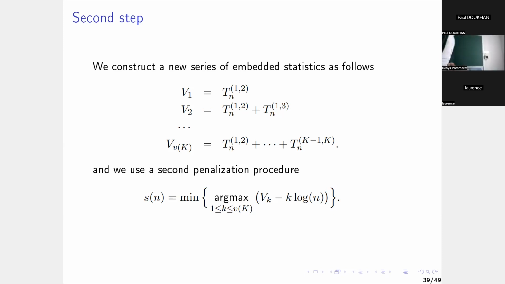So, okay, this is an example. You have 4 processes: 1, 2, 3, 4. You have T1,2, T1,3, T1,4, T2,3, T2,4, and T3,4. Then you choose the minimum, which is this one. So you compare: is 1 equal to 4?